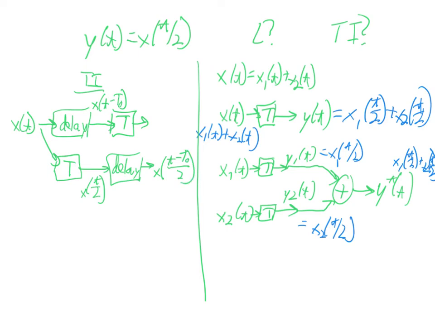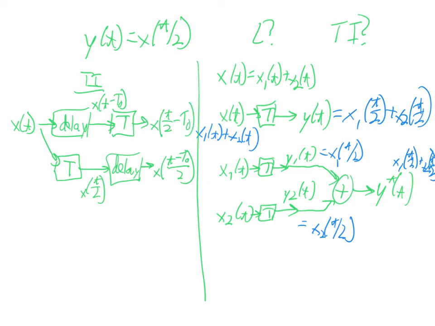And then here on the top branch, I apply the system. So I replace all the time variables with time variable over 2. That's what the time scaling system says to do. So I have x of t replaced with t over 2, and then minus t0.